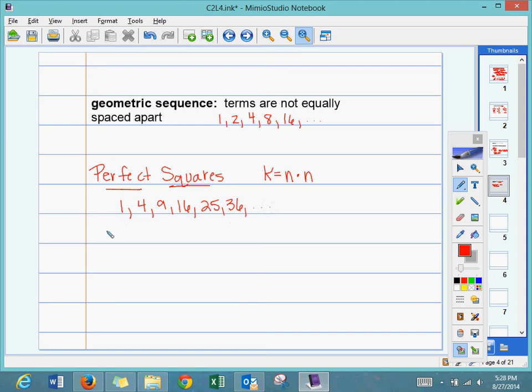The first one would be 1 times 1, position number 1, 1 times itself. Second one is 2 times 2, the second position. The third one is 3 times 3, the third position times itself. 4 times 4, 5 times 5, 6 times 6, 7 times 7, 8 times 8, 9 times 9.